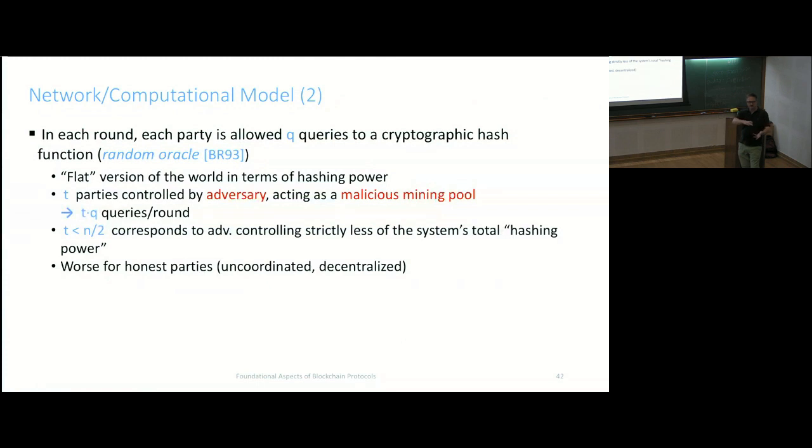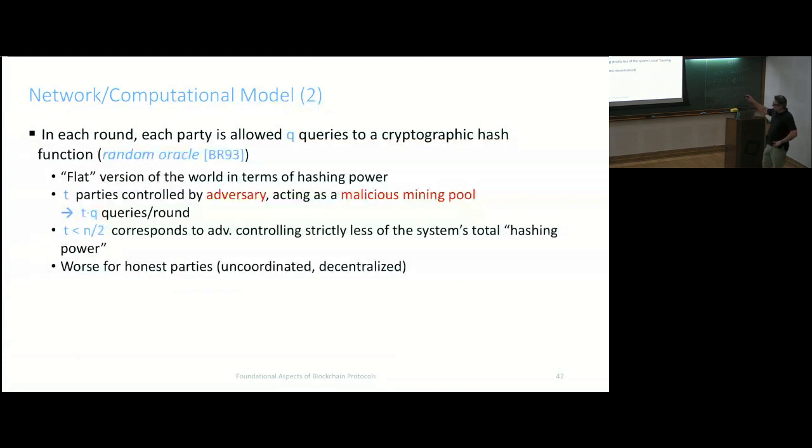So we have this many queries per round, and in the flat model, you can map computational power to number of parties, in order to compare it with the classical results. So this means that if T is less than n over 2, the computational power of the adversary is less than a majority.